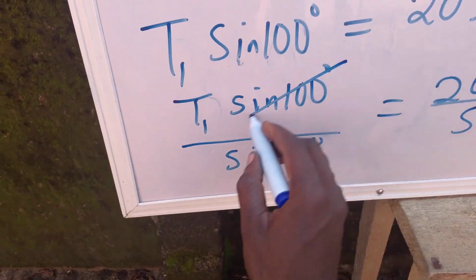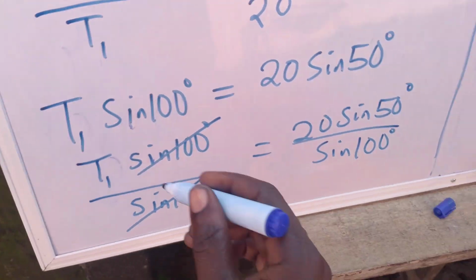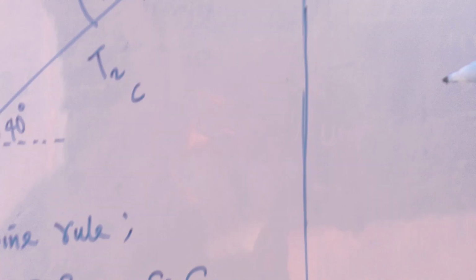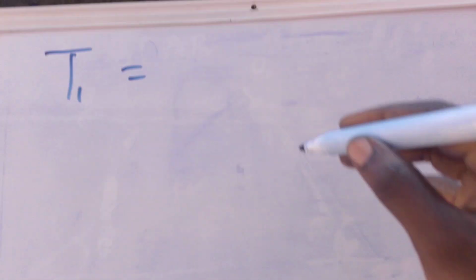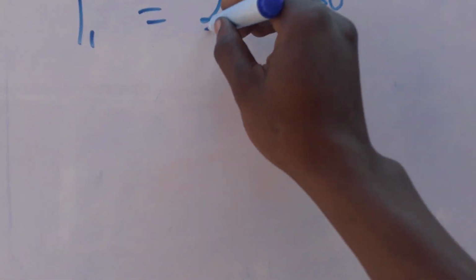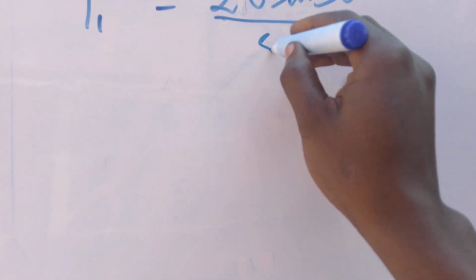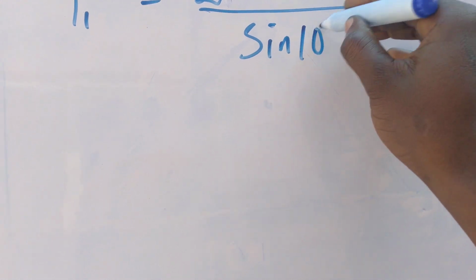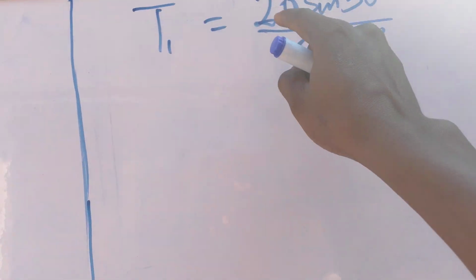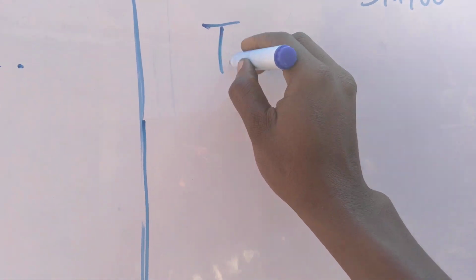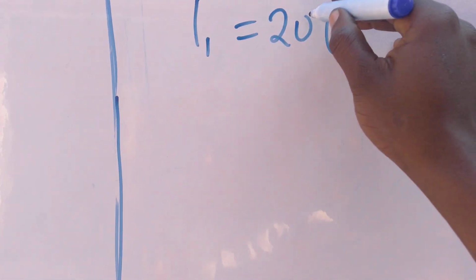So T1 will be equal to 20 times sine 50.